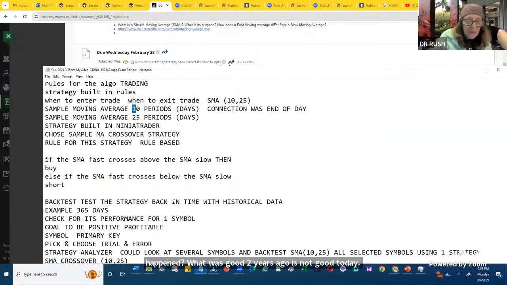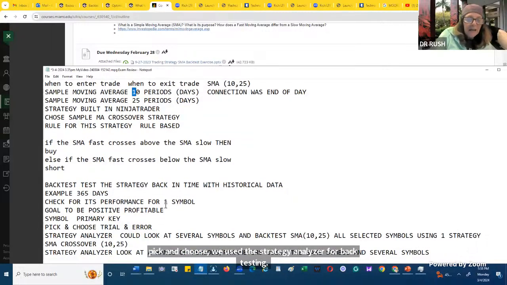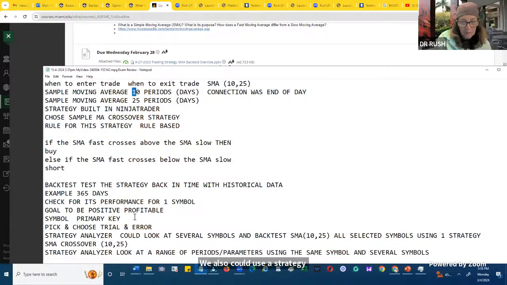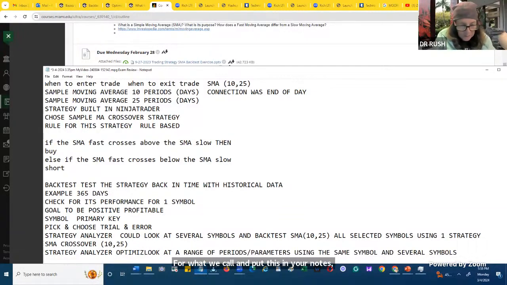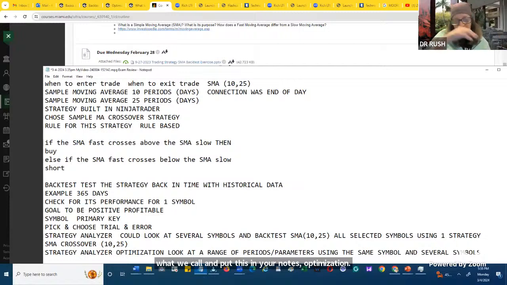So once we did this, we tried to pick and choose. We used the strategy analyzer for backtesting. We also could use the strategy analyzer for what we call, and put this in your notes, optimization. And what do we mean by optimization?